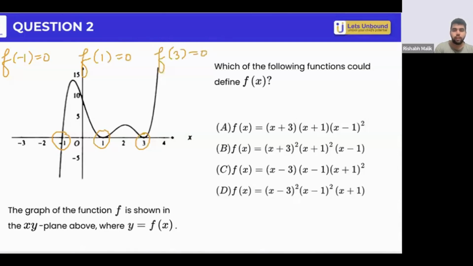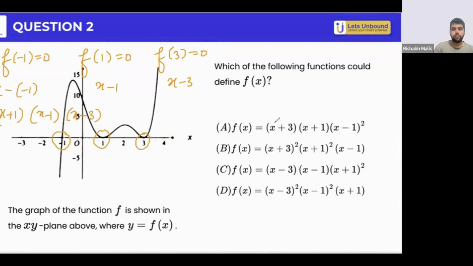From these three pieces of information that I've fetched from the graph, I can directly say that x minus -1 is a factor, then x minus 1 is a factor, x minus 3 is a factor. So from here, x plus 1, x minus 1, and x minus 3. Look for the option which has all these three as factors.